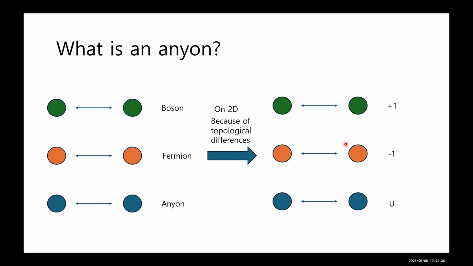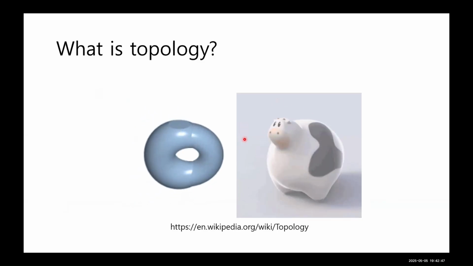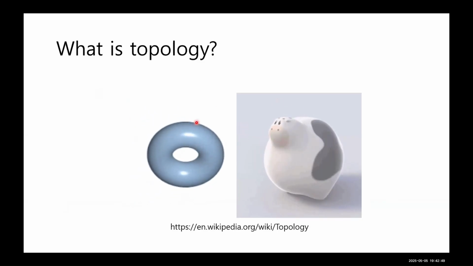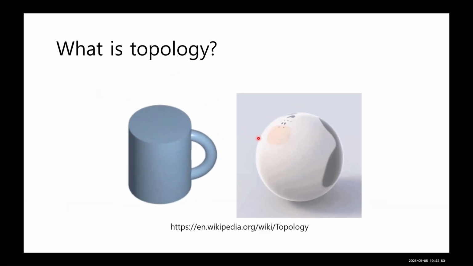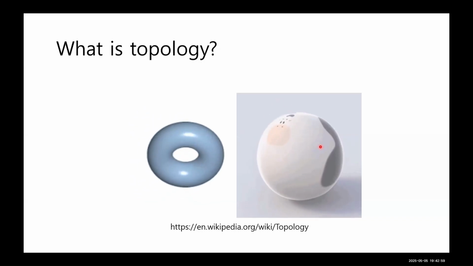Actually this comes from the topological difference between two dimensions and three dimensions. So what is topology? I think the most interesting pictures when we search for topology are these two pictures. As you can see, there are cups and a donut, and there's a bull and a cow.